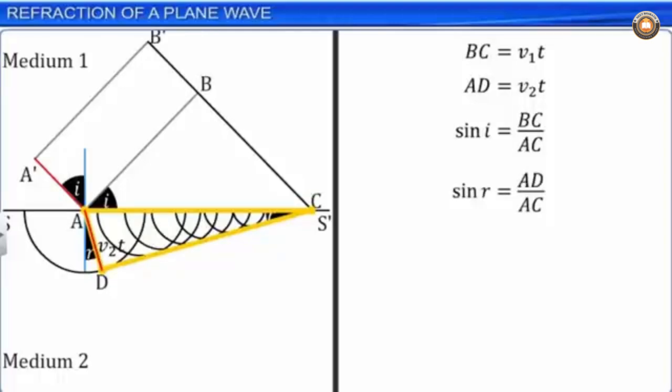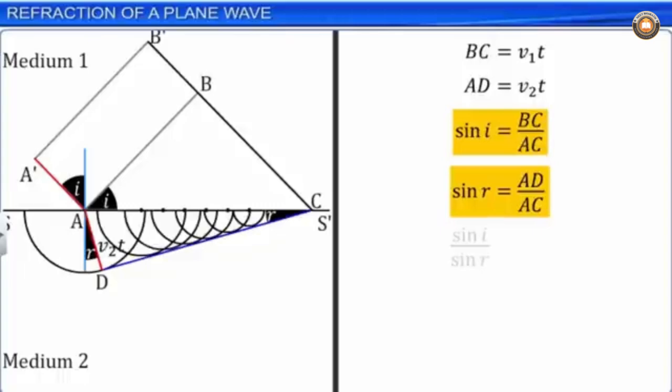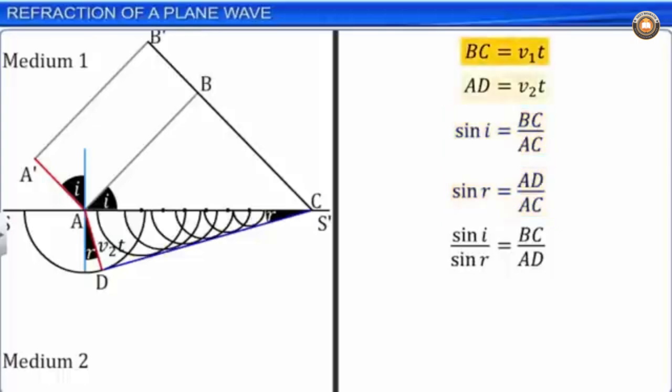From these two equations, we get sin I by sin R equal to BC by AD. On substituting the values of BC and AD in the equation, and on further simplification, we get sin I by sin R equal to V1 by V2. Let this be equation 1.